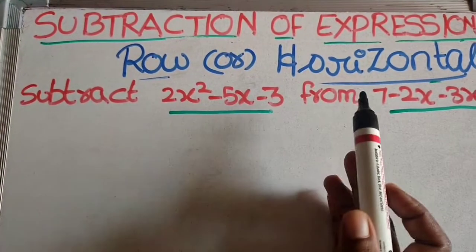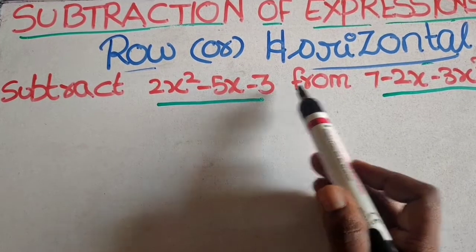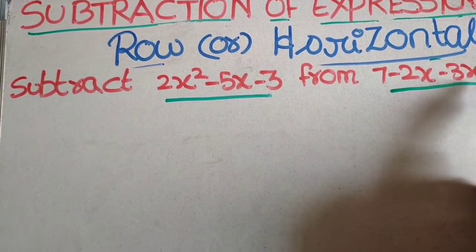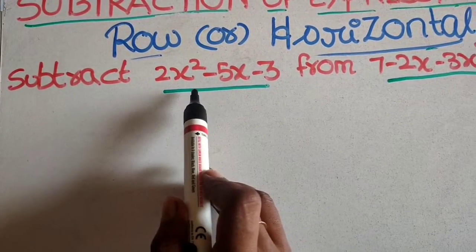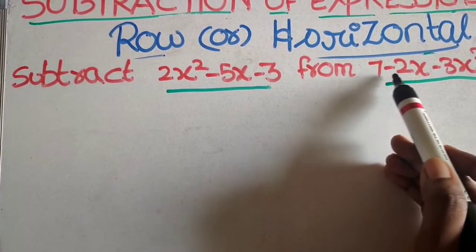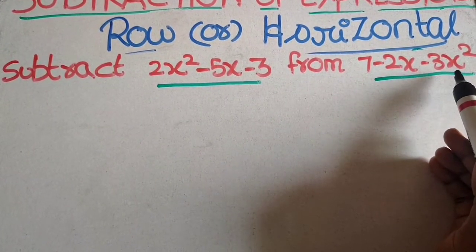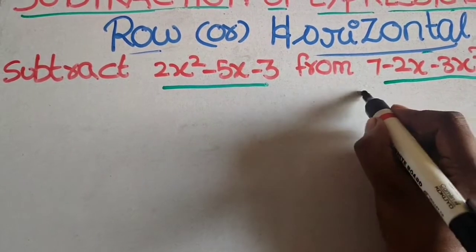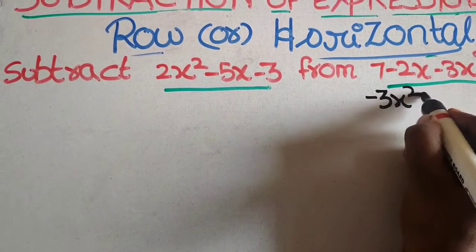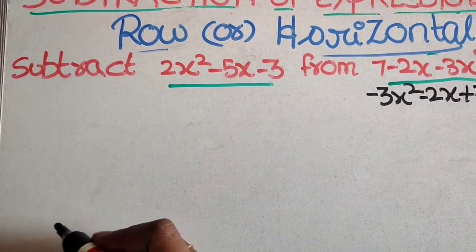Now let us see one more example. Here also we are using the same horizontal method, and see the expressions. Yes, we have to subtract those expressions. That means the first expression from the second expression. So always write it in the standard form. If the given expression is not in the standard form, we have to write it in the standard form. So minus 3x square minus 2x plus 7.